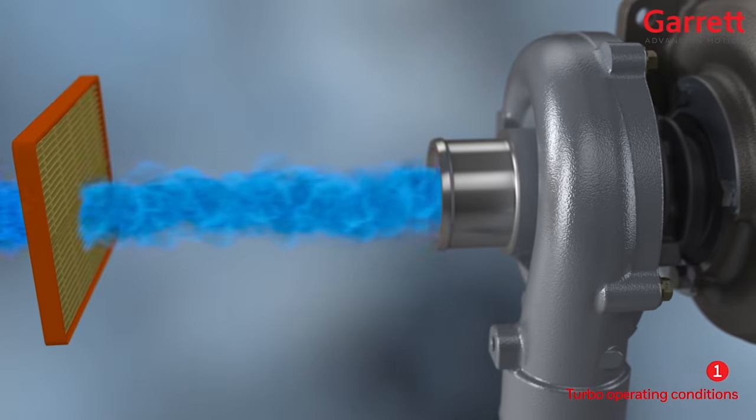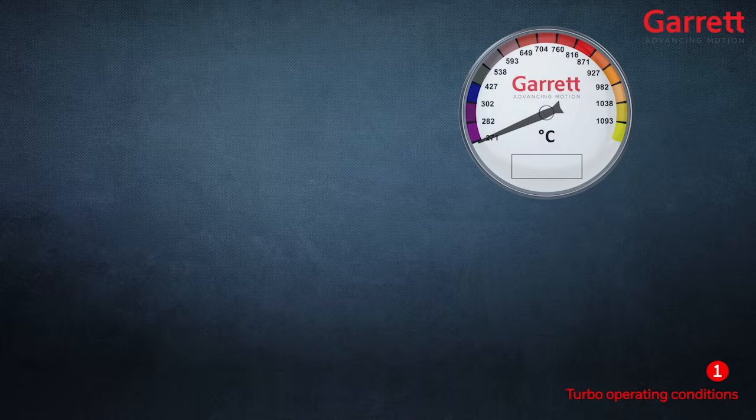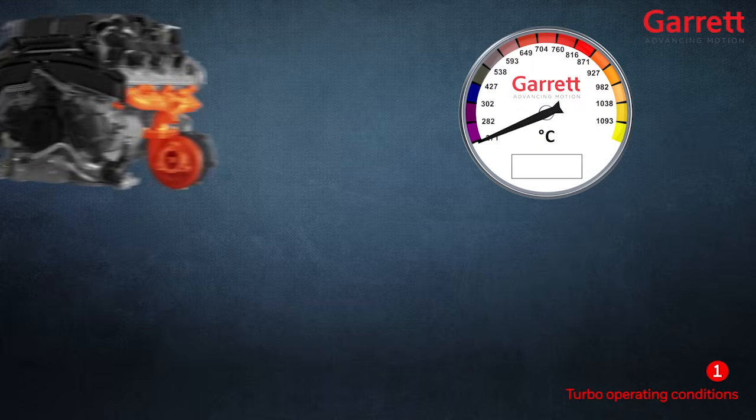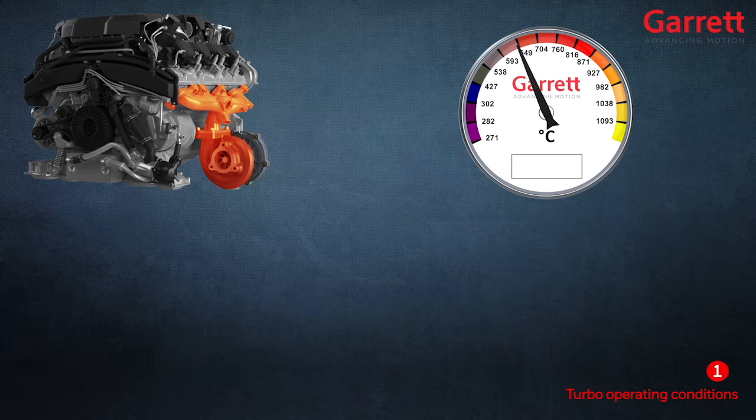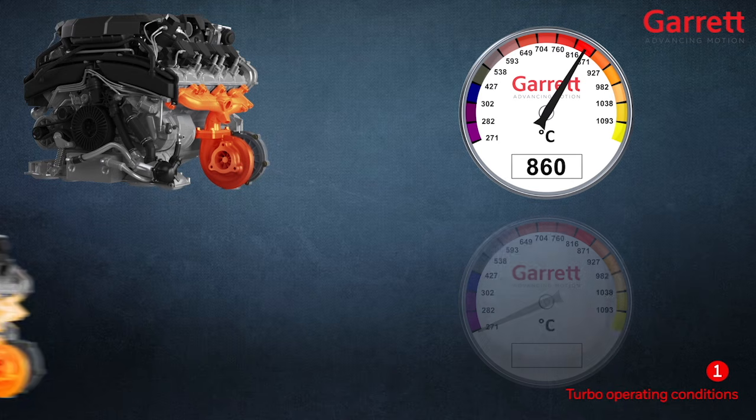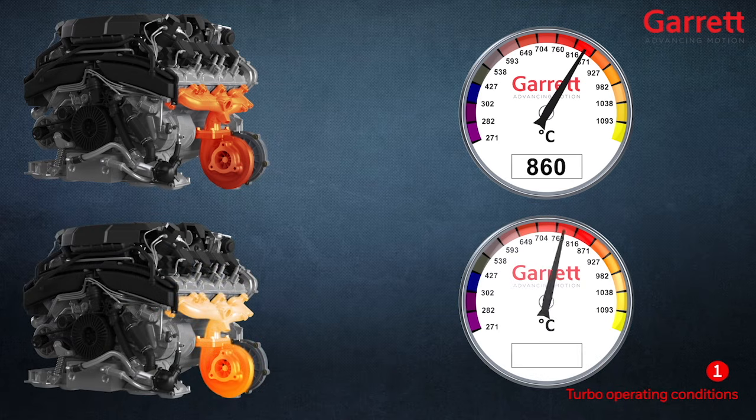The turbocharger is also designed to operate at extremely high temperatures. Modern diesel engines operate with exhaust gas temperatures as high as 860 degrees centigrade, while gasoline engines as high as 1,050 degrees centigrade.